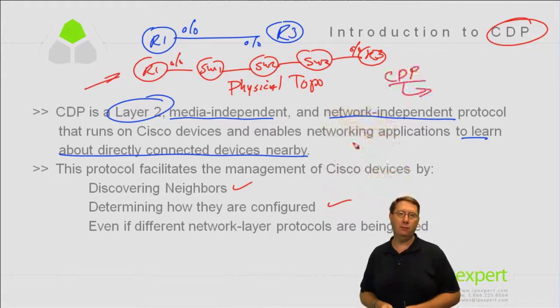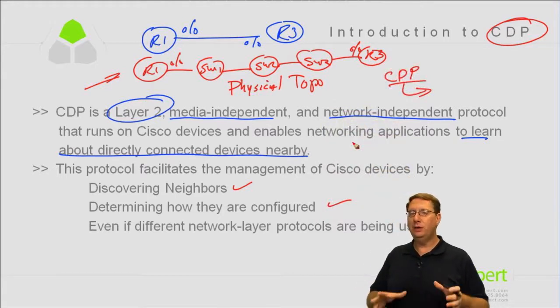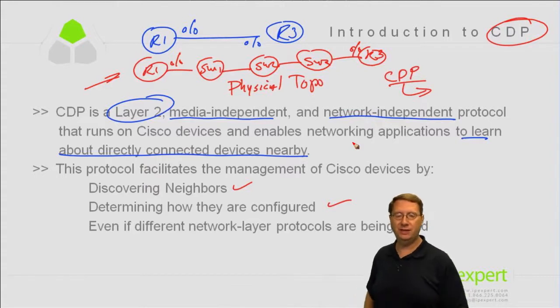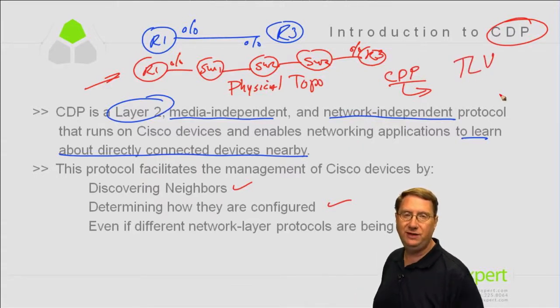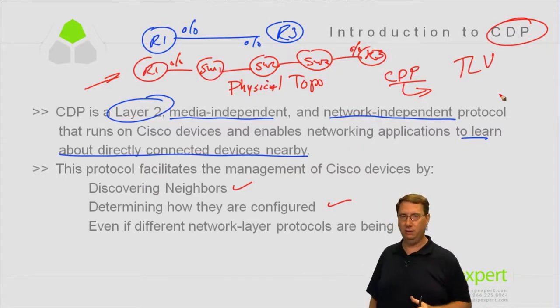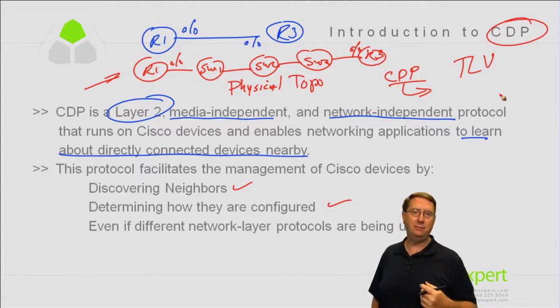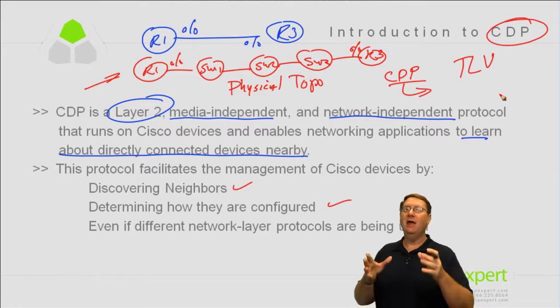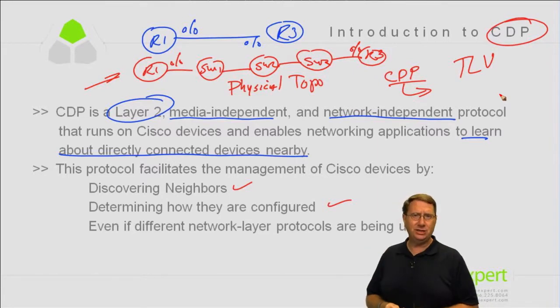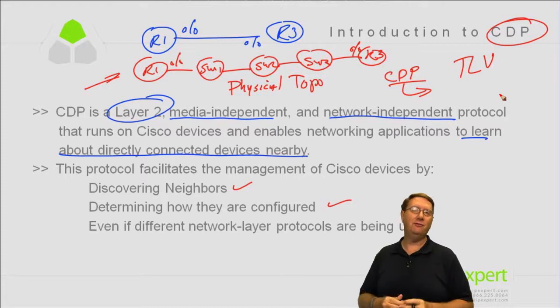All of that is incorporated because CDP is optimized to operate using something called a TLV, a type length value. TLVs give us the ability to construct a protocol that can have modifications put in place to support different information.